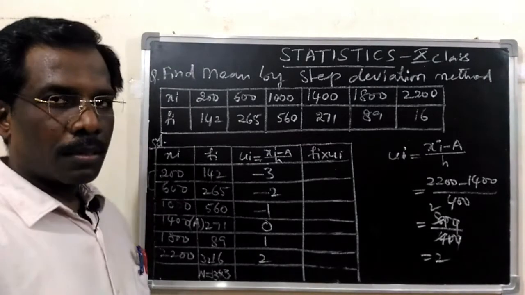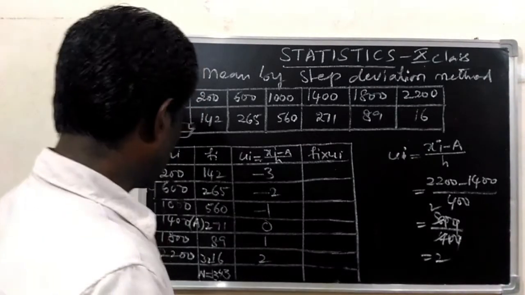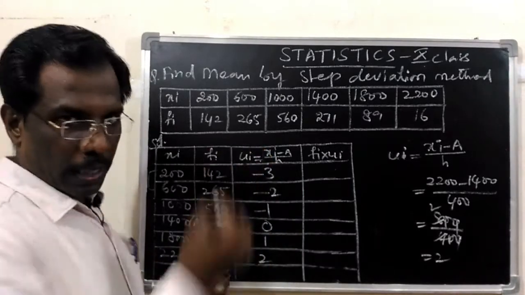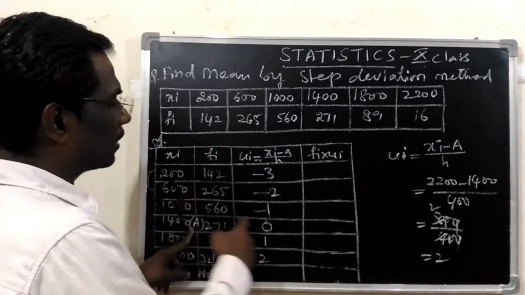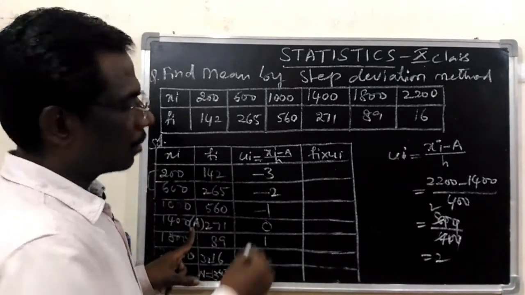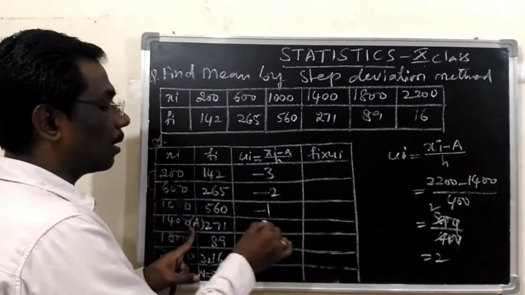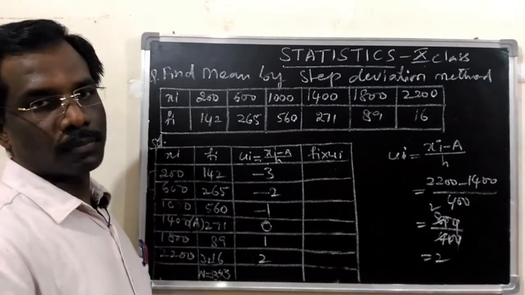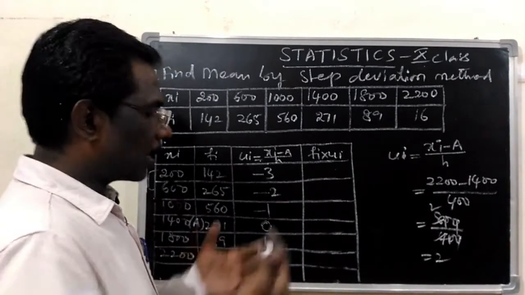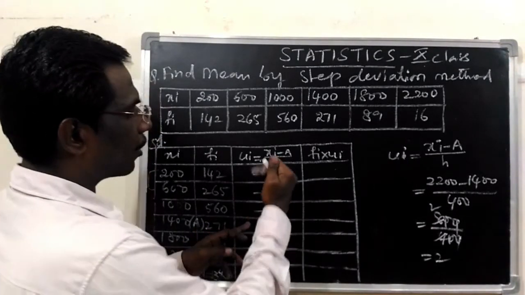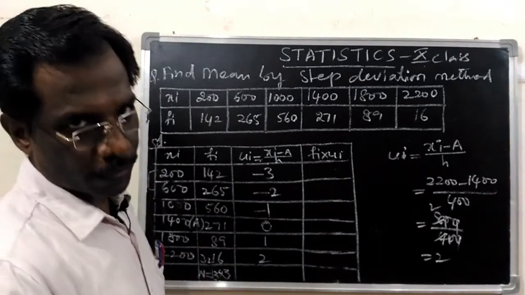And one thing to remember: the value of ui opposite of a is always 0. Then after that, upwards we write negative values and downwards positive values.